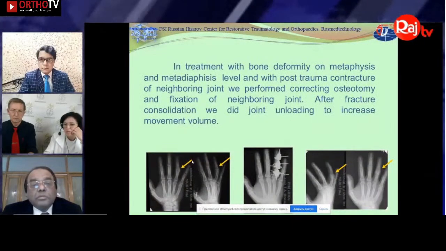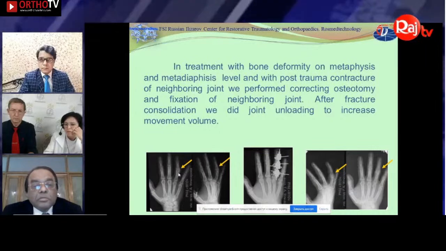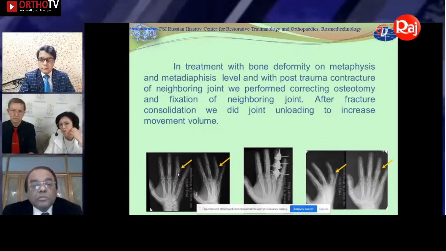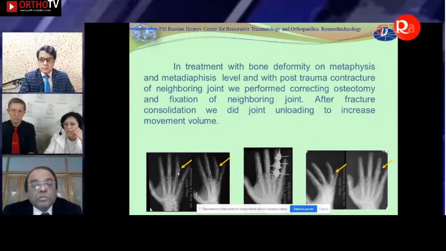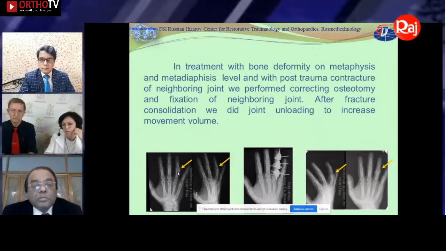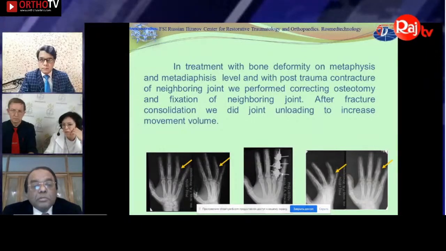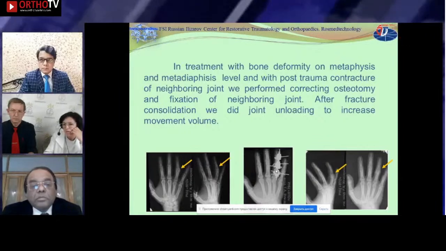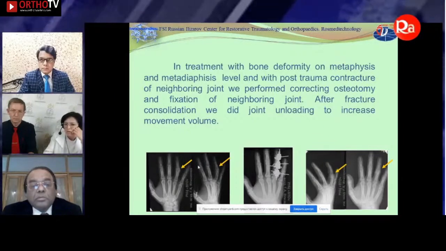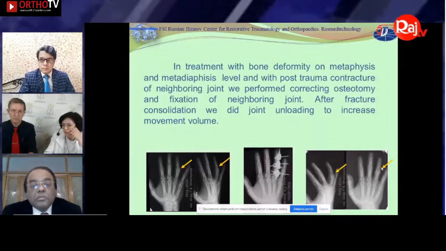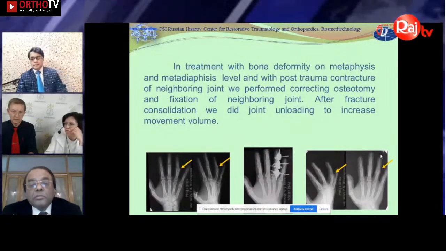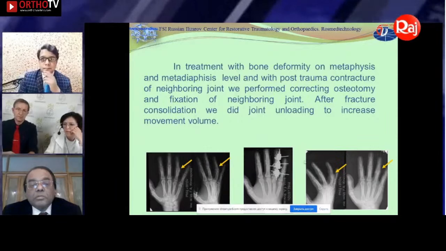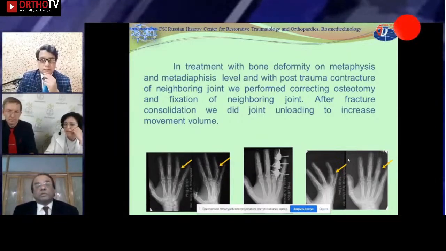Next group with problem in the proximal interphalangeal joint, intra-articular fracture, and we made Ilizarov frame and osteotomy and the result of the treatment. Axis of finger is right.